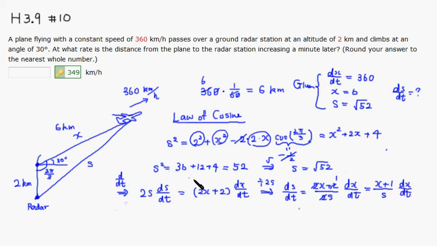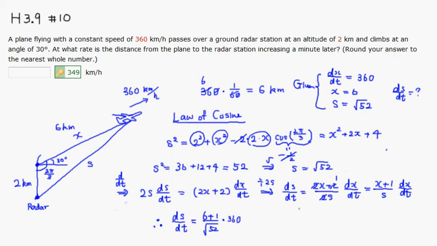So by plugging in the given values, ds over dt is equal to x is 6, so 6 plus 1, over s, which we found to be the square root of 52, and dx over dt is 360, so times 360.